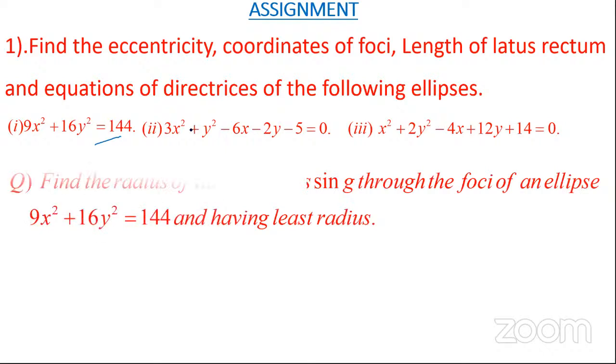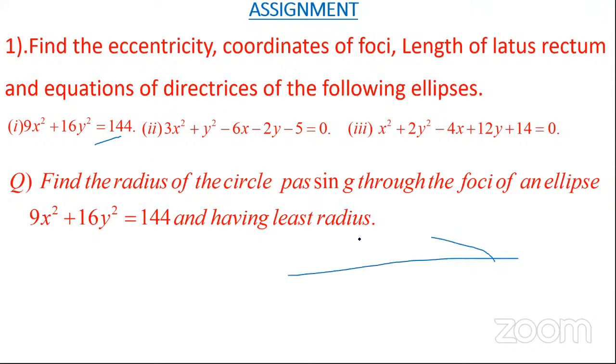Now, find the radius of the circle passing through the foci of the ellipse 9x square plus 16y square equal to 144. The ellipse is like this, passing through the foci, which means here is one focus and here is the other focus, and a circle forms like this.